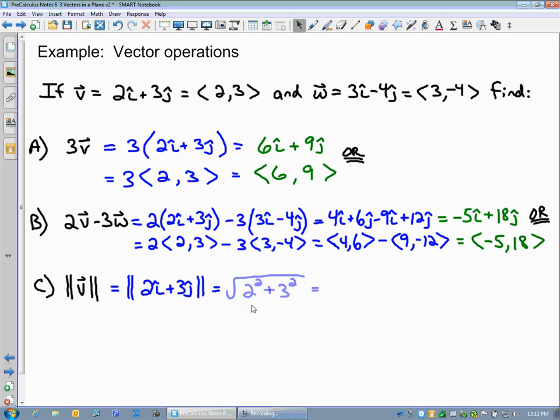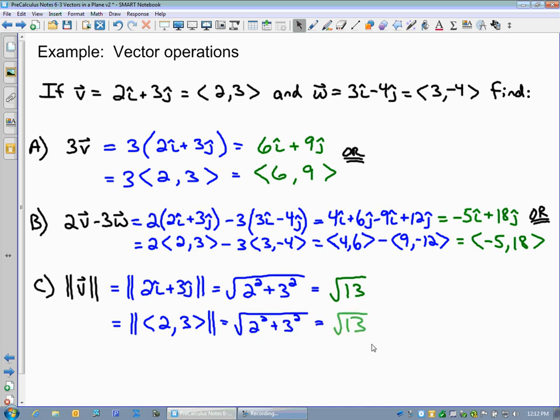So it's the square root of 2 squared plus 3 squared. 2 squared is 4, 3 squared is 9, add them together you get 13, so it's the square root of 13. With the angle bracket notation, our next step is exactly the same. It's still the square root of 2 squared plus 3 squared, so we get the same result. Either way you want to do these is fine.